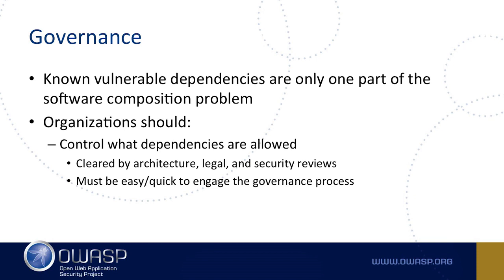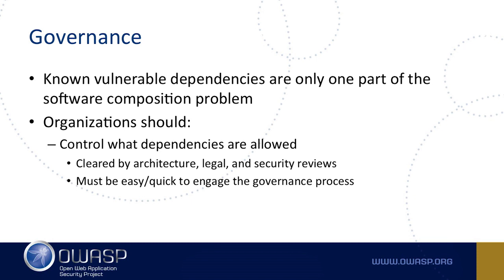If it's BSD, is there a patent clause that goes along with it, such as the React.js library has? Those are interesting questions that you'll want to talk to your legal team about. Should we be using React? I know many companies do, but I know a few companies have decided that they won't use React because of that patent clause. You can look that one up on the internet if you want.